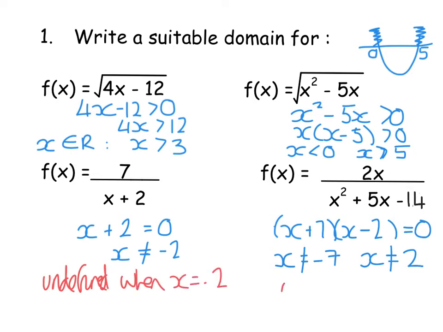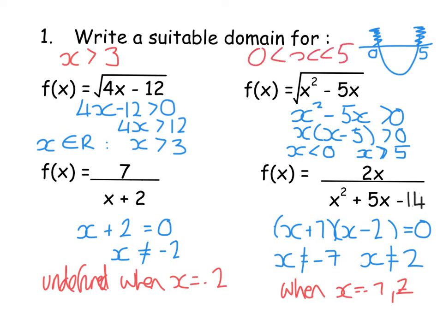This one is undefined when x equals -7 or 2. The top two: the first one would be undefined when x is anything less than or equal to 3, and the second one would be undefined when x was any number between 0 and 5. So the way they ask it depends how you write the answer. Domains are things that you can put in.